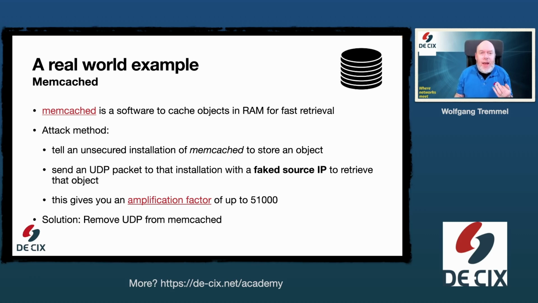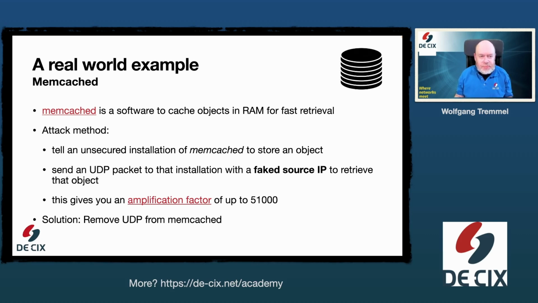So we say we have an amplification factor of 51,000. The solution for resolving that was simple, just remove UDP from Memcache daemon. Of course, a lot of systems needed to be patched, and I guess there are still a lot of unpatched systems out there.